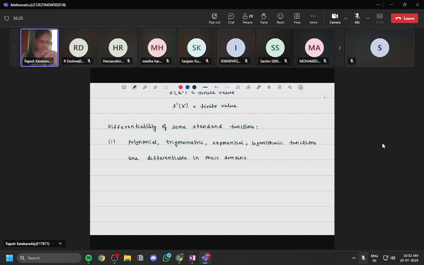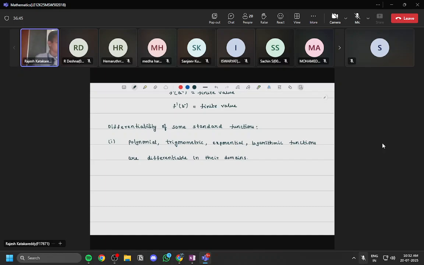If you try to find the right hand derivative at -1 and the left hand derivative at 1, it is again infinity, not a finite value. That is the reason we say it is non-differentiable, even though it is continuous in the closed interval -1 to +1.